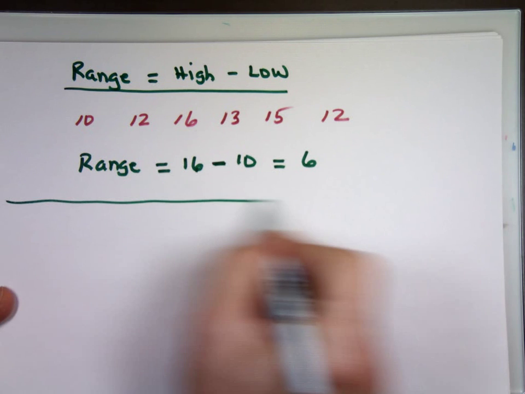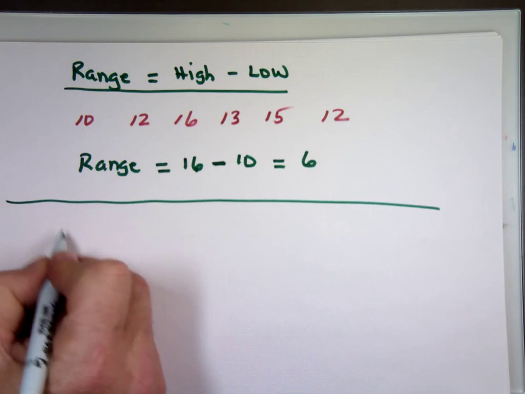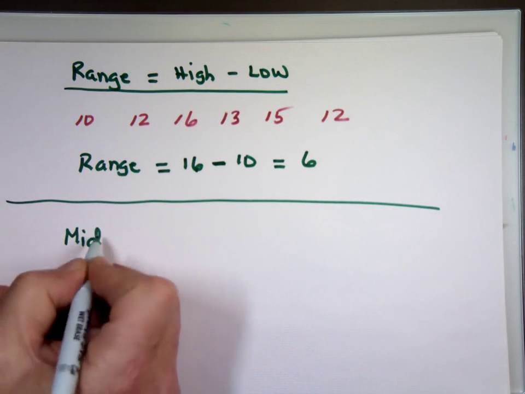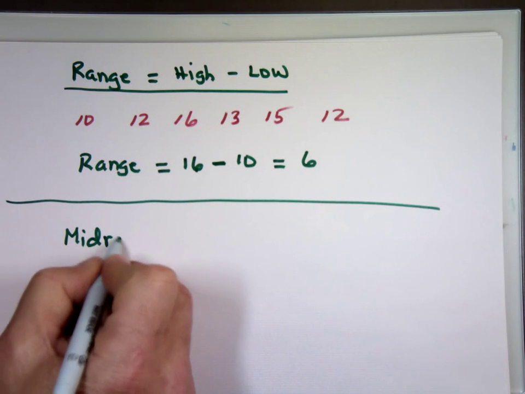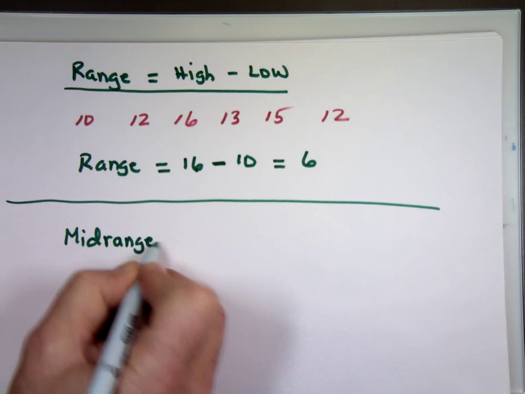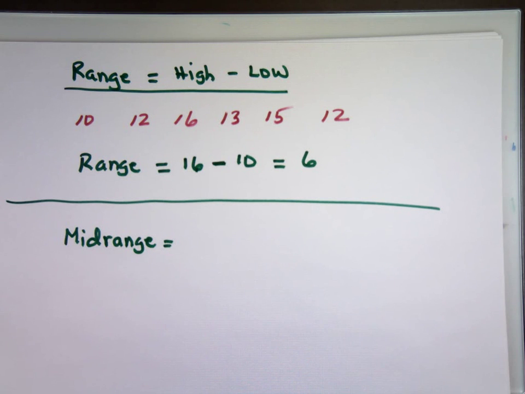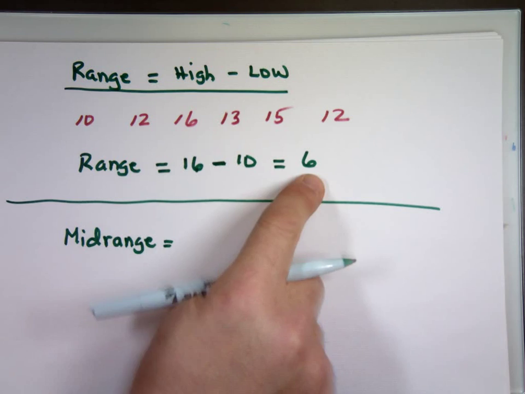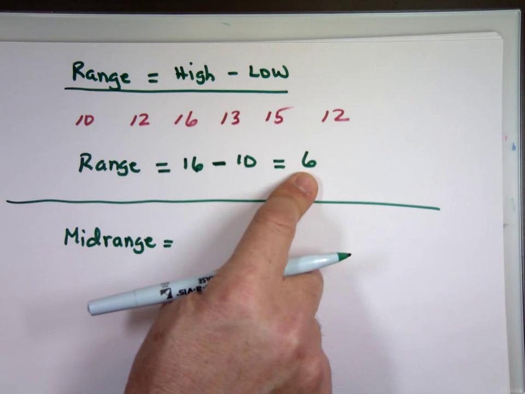And what about the mid-range? The mid. You probably can figure out what that means. The middle value of that number. What's the middle value of this number? 3. Yep.